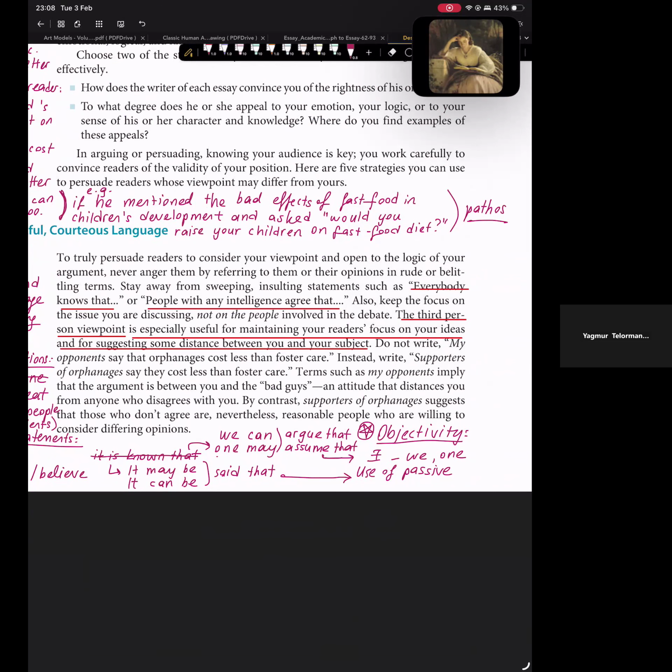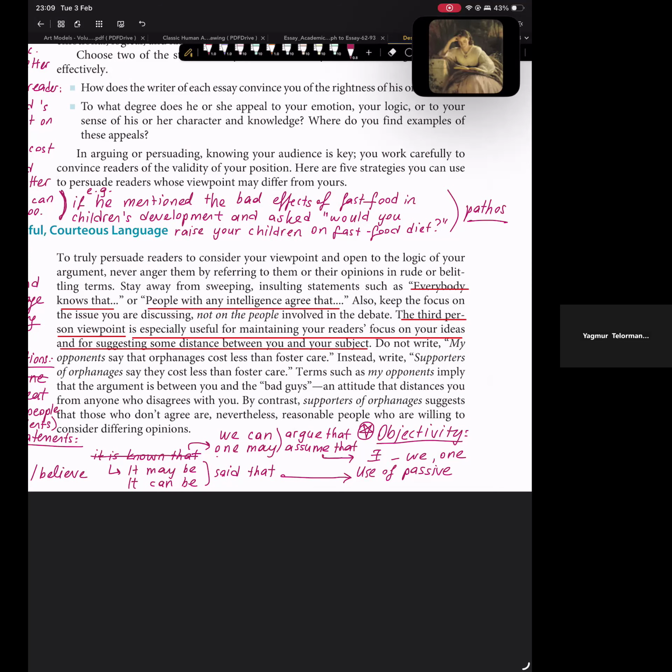Or we can say, we can argue that, one may argue that, we can assume that, one may assume that. All right. This way, we will not sound so sure of ourselves, and we will always leave an open door for different opinions or different people's experiences.